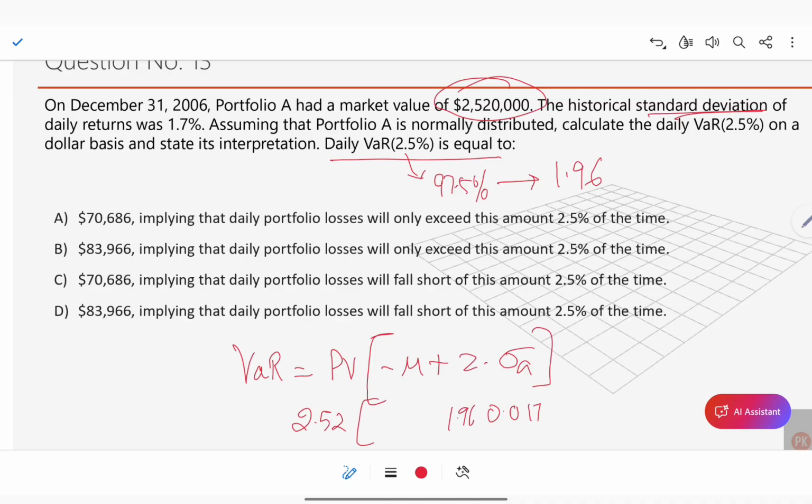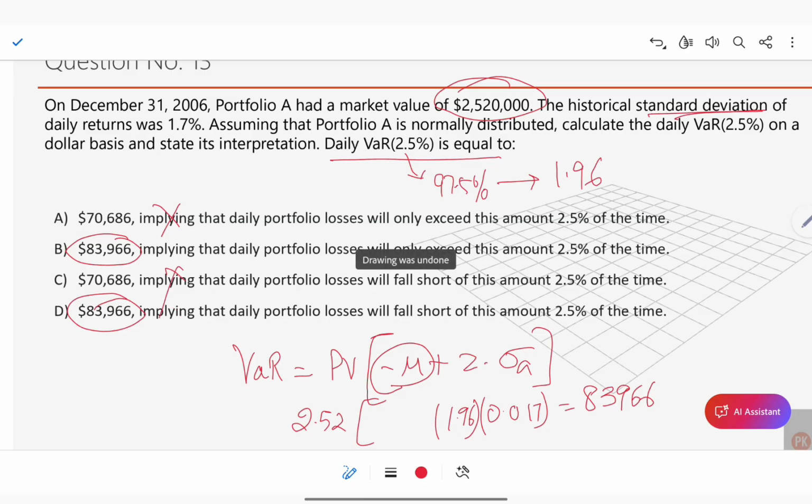You put the z value here. Mean is not given, not an issue. You calculate this and you get the answer as 83966. In these options we have one here and another here, so we know that this is not the answer, and this is not the answer. Now you read what is given. This one will exceed this amount. This one is the answer.